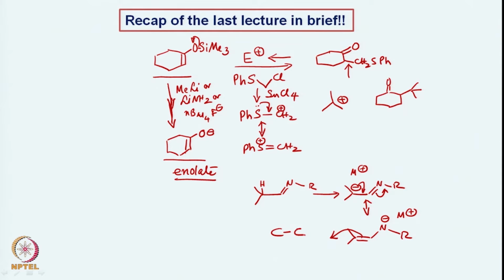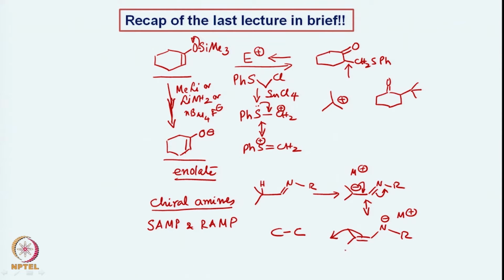Then we also saw the other aspects, where the imine chemistry was done with chiral amines, and with chiral amines we saw how asymmetric induction via C-C bond formation can be done. In the process we also introduced SAMP and RAMP as two hydrazines which allow the imine to form, and this imine upon deprotonation then allows the enamine to form.